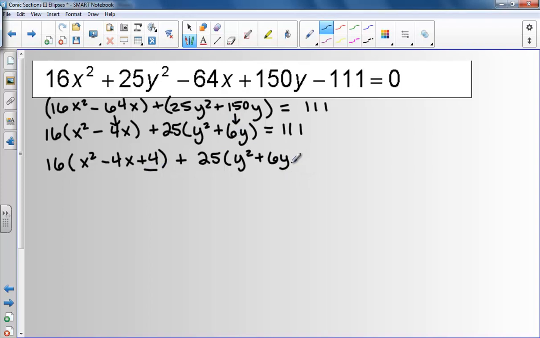Here's my b. 6 divided by 2 is 3, and 3 squared is 9. Alright, so then this we have to take into consideration too. So I'm adding 16 times 4, and I'm adding 25 times 9.